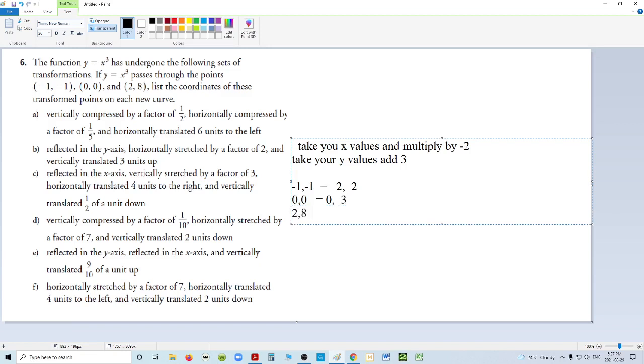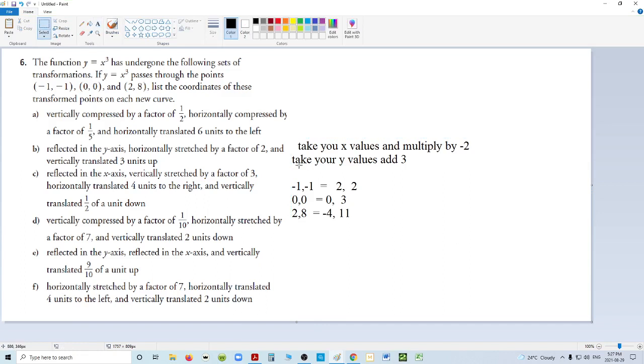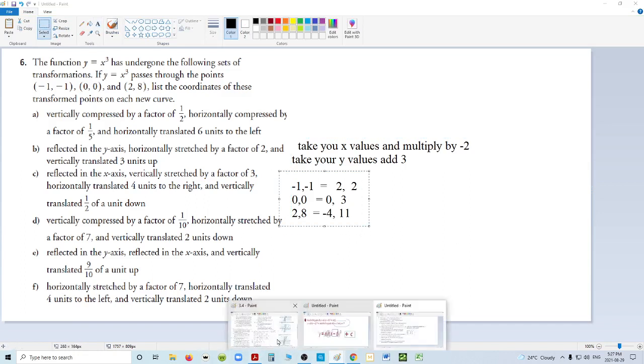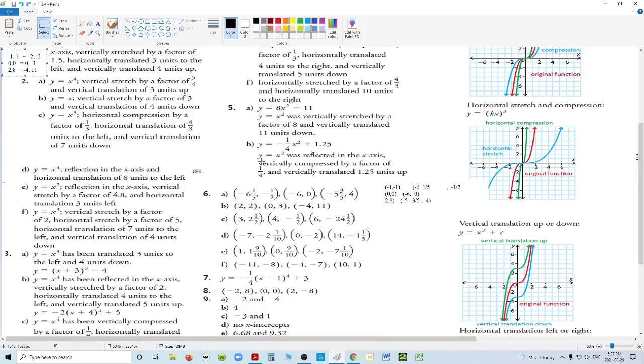And 2 comma 8 becomes, when I multiply by minus 2, minus 4, and when I add 3, it becomes 11. So these should be my new values for 6b. And again, if I go to the answers, they're right here. And that's exactly what I got.